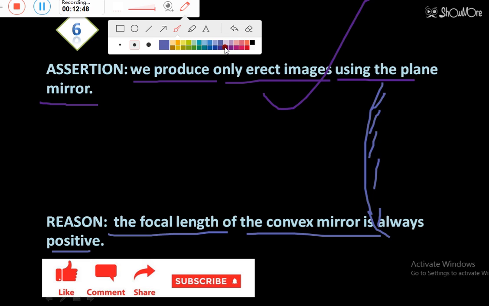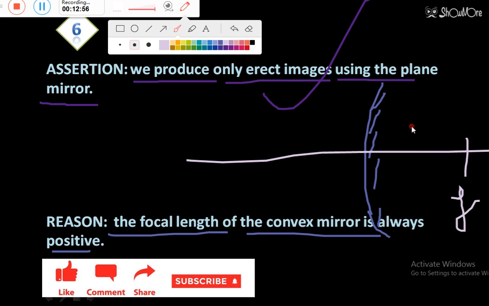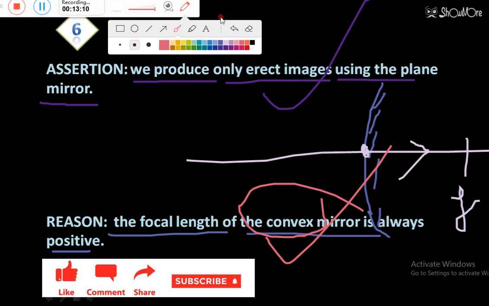So this is the focal length. Its focal length is measured from the pole and we move in this direction, so it is positive. Yes, this statement is also right. The focal length of the convex mirror is always positive.